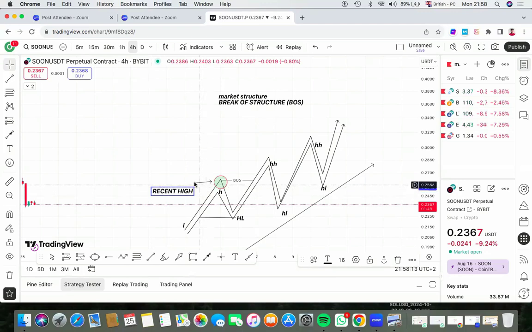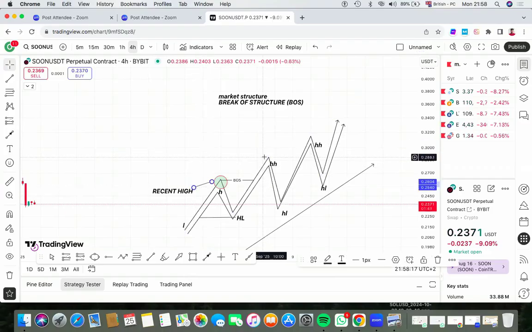Why do we call this a recent high? Because we have a new high. This is our new high in the market, and this is how market structure forms. You continue to see break of structure to the upside, and it will continue to take out the recent high.